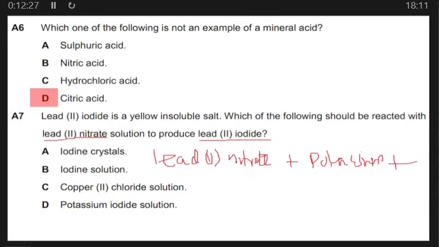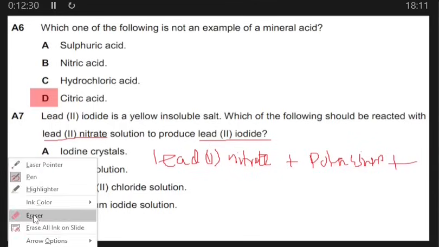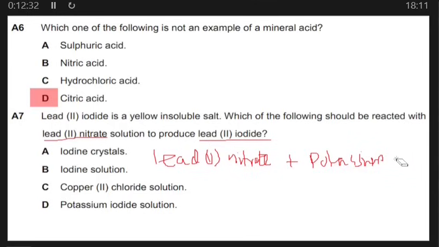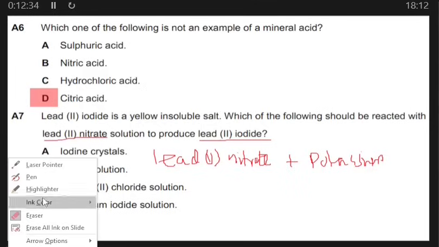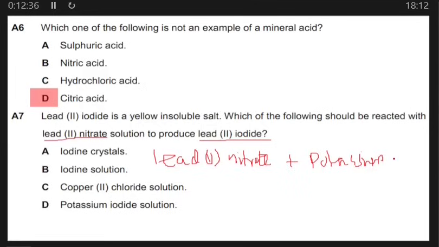So this is potassium iodide. What do they do? They exchange ions.